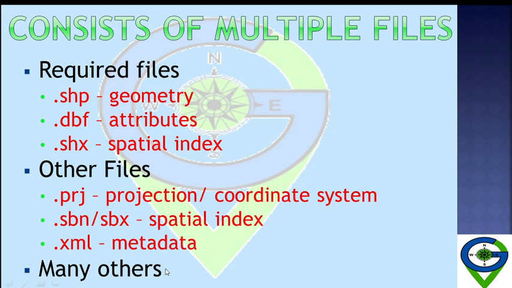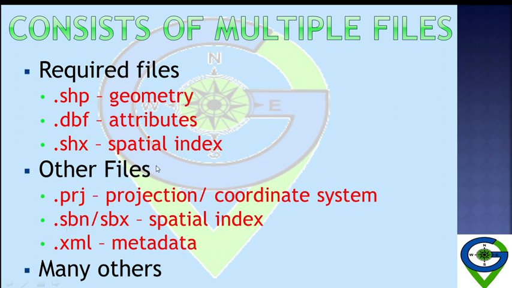So there are many other files, but the most important and required ones are your .shp, .dbf and .shx. And one thing I want to tell you: if you miss any of these three files, your shapefile will not open. The other files like .prj, .sbn, .sbx and .xml, if they are lost, you can prepare them again.